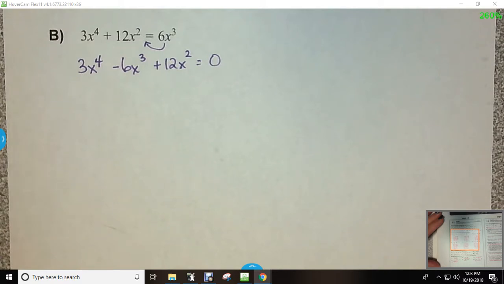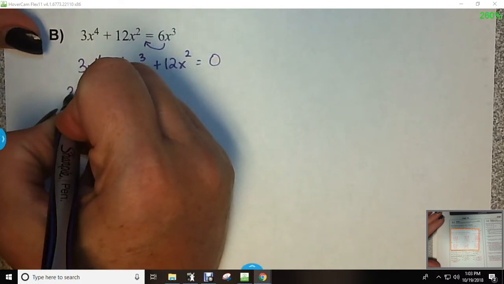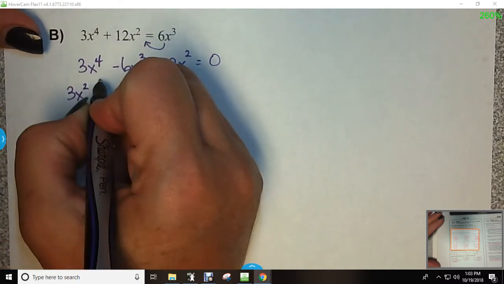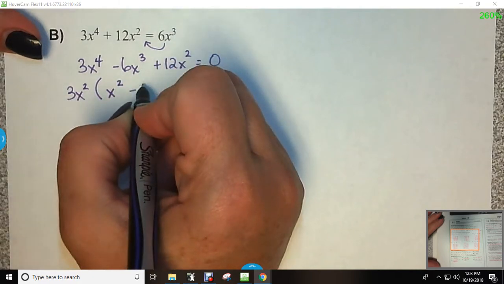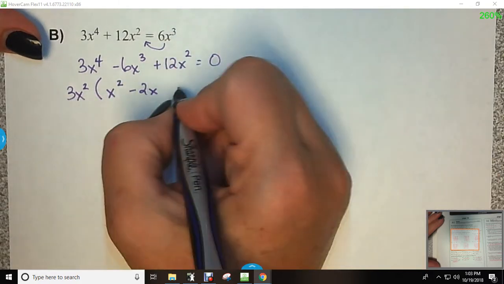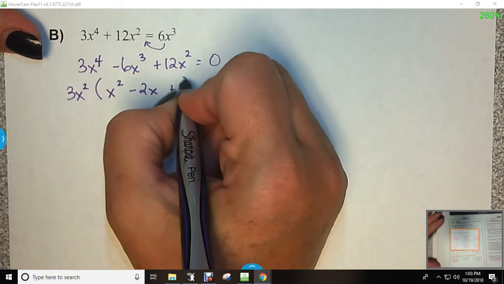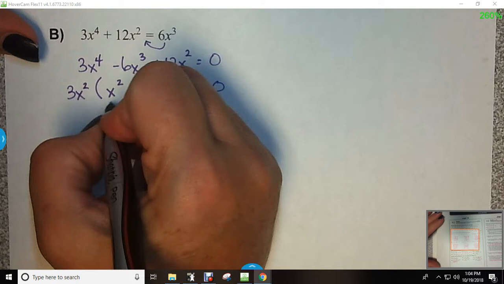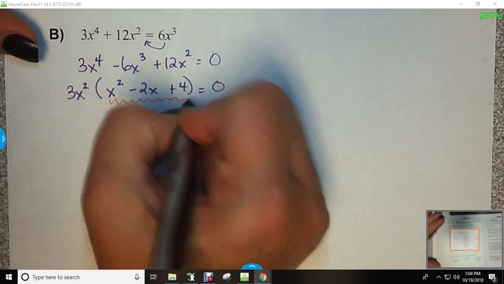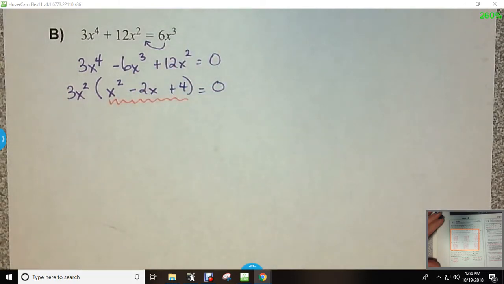So now what's my first step from here? Greatest common factor, which is what? 3x squared. And that will leave me with x squared minus 2x plus 4. And now I've got to look at this trinomial and see if I can factor it.